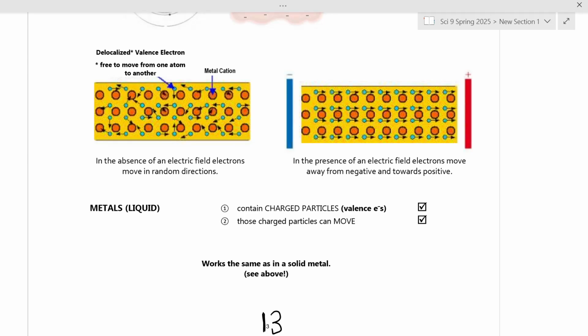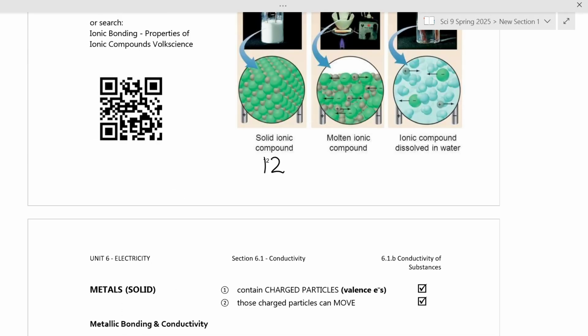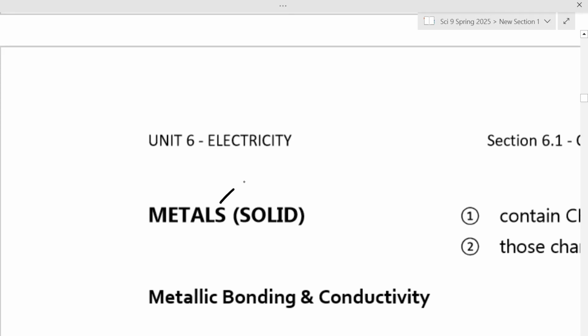Why? Do they have charged particles? What are the charged particles in metals? Metals contain electrons and protons. Can any of those move? Yes, which ones can move? The electrons. Can all the electrons move?